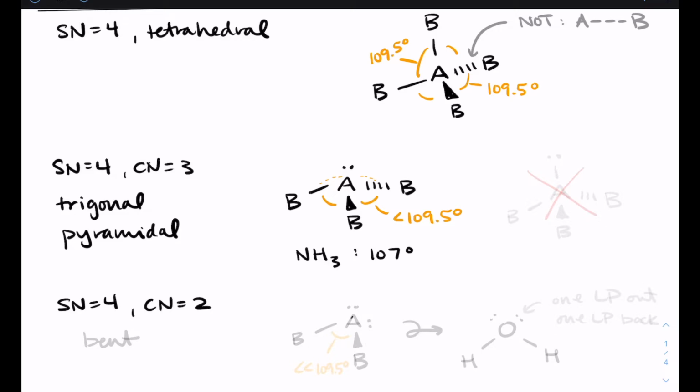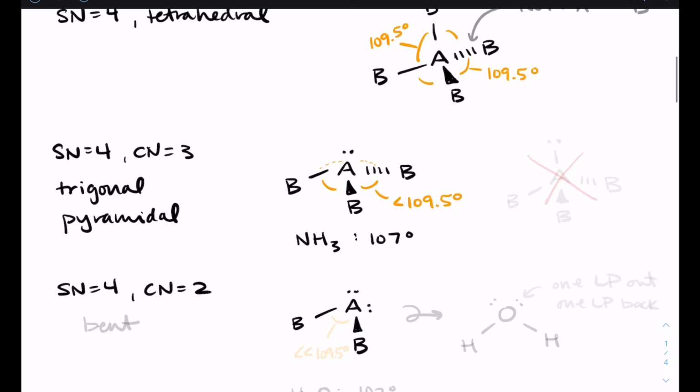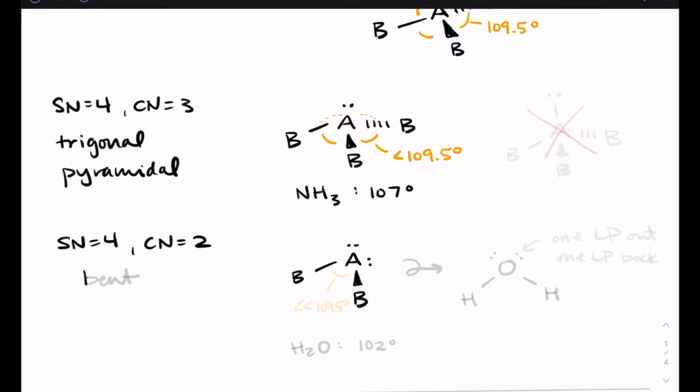So our base structure is still tetrahedral, but now I've got 2 lone pairs. My angles are going to get squished even more, and hopefully you've recognized that this might look kind of like water. So water would have this type of shape. The angle in water is 102 degrees, so squished even more than we saw for the ammonia.